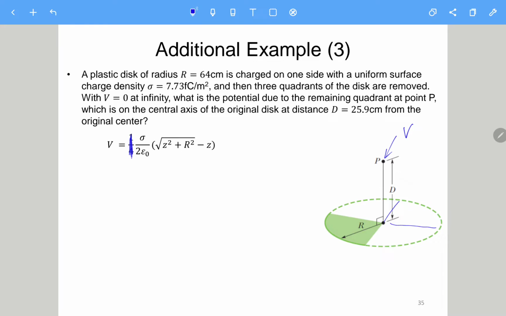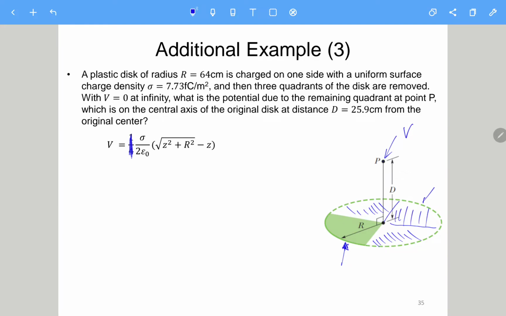For example, you should imagine that this part contributes potential at point P which is equal to this part, and also equal to this part and this part. So these 4 parts contribute the same electric potential at point P.